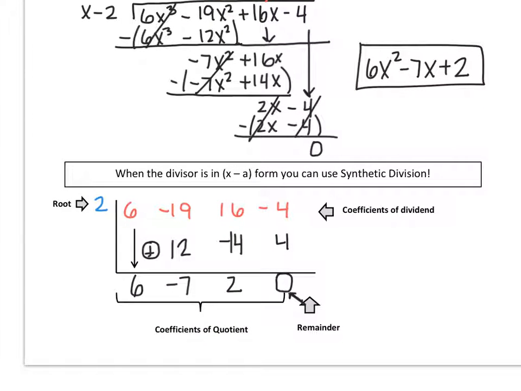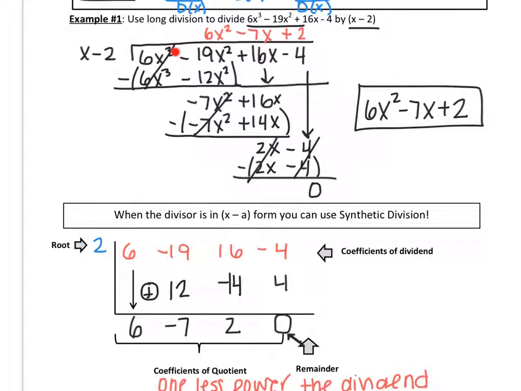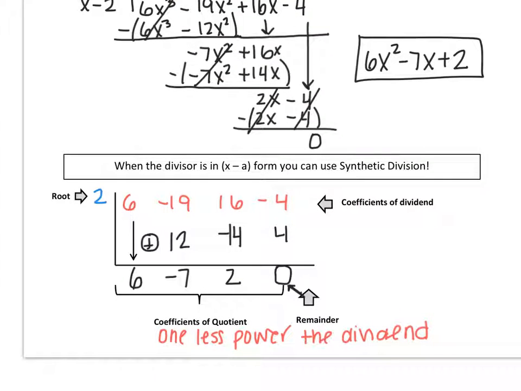quotient, and it's always one less power than the dividend. So if the dividend had a power, if we look up here, if the dividend had a power of x to the third, the quotient is always going to be one less.